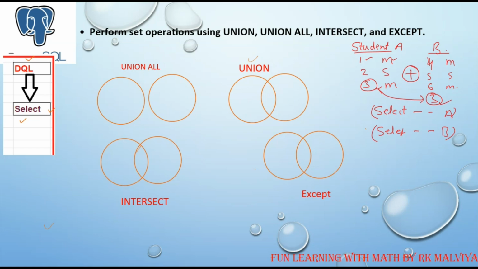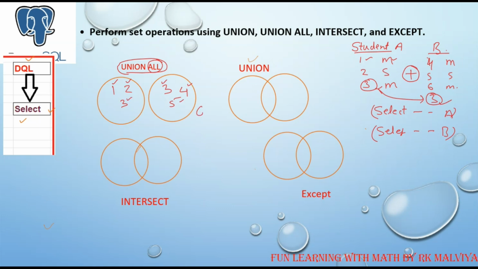So how does it work? For example, if I am saying union all, I have 3 records 1 2 3, and here I have 3 4 5. Now if I use union all, it displays 1, 2, 3, again 3, 4, 5.